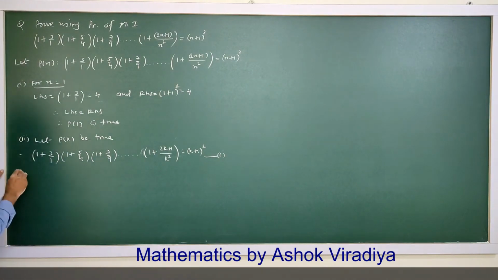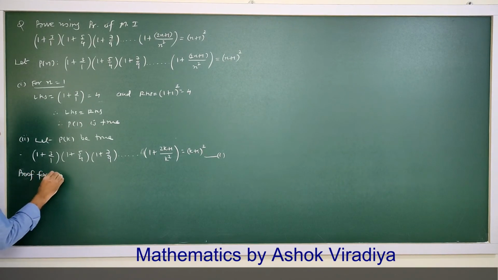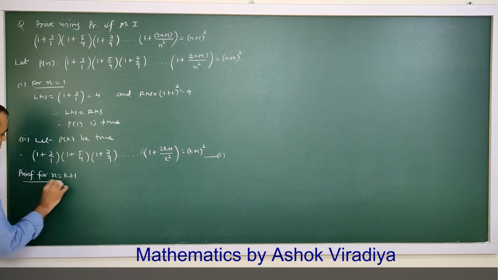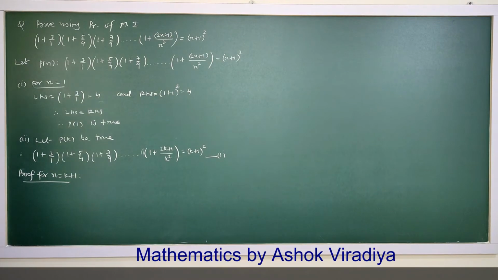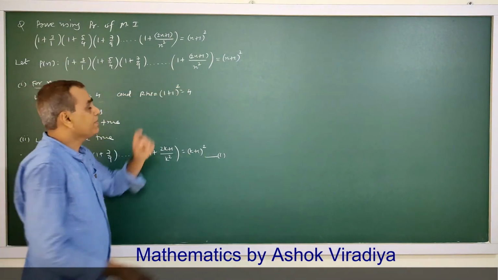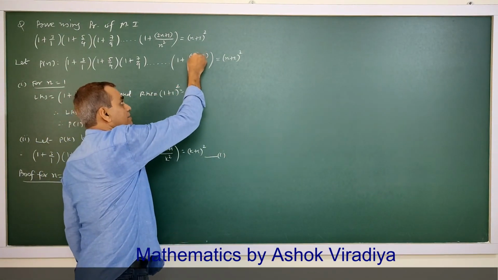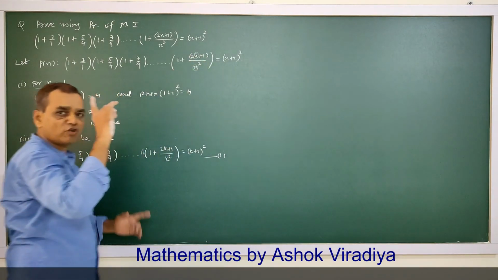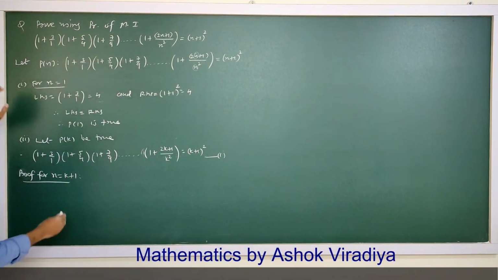Now proof for n equal to k plus 1. So in left hand side I replace here k plus 1. Beginning from left hand side by putting k plus 1.